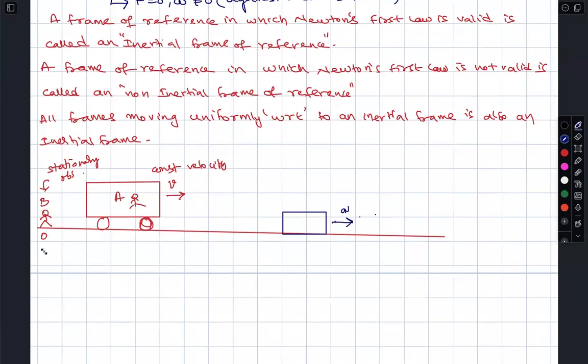At an instant, the coordinates are like this: xa, xc.